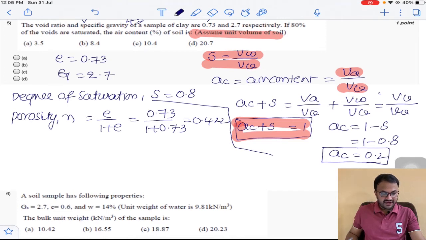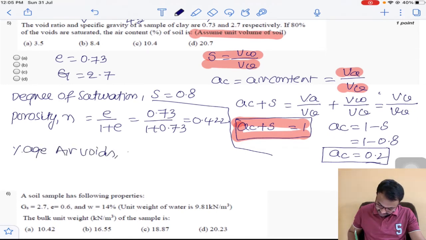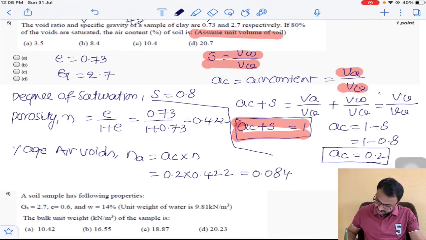And we have one relation, percentage air voids N suffix A is equal to AC into N. What is AC? 0.2. N is equal to 0.422. You will get 0.084. If it is converted into percentage, you multiply by 100, it will be 8.4%. So from the given options, the answer will be option B.